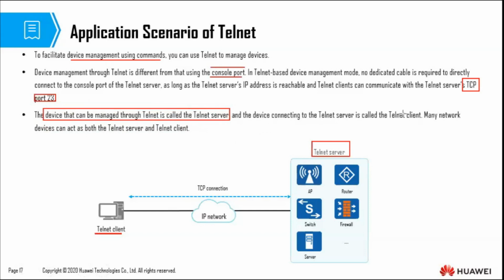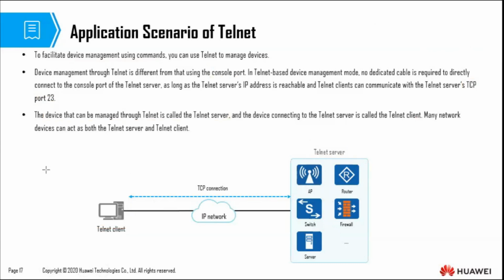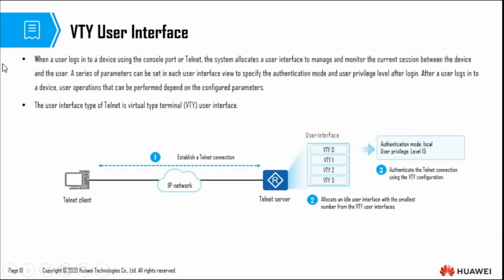The device connecting to the Telnet server is called the Telnet client. For example, your network management system, the machine you're using, is the client. But the devices you're managing over the network are the servers. All these devices can act both as a Telnet server and a Telnet client.